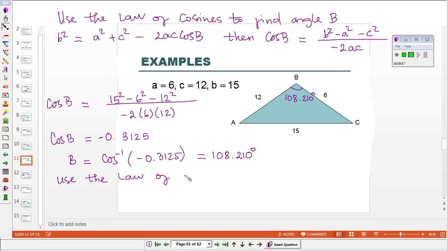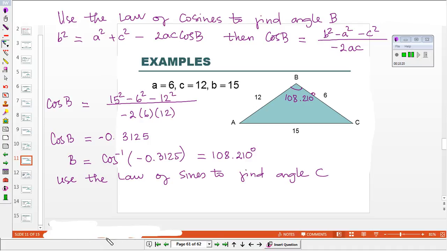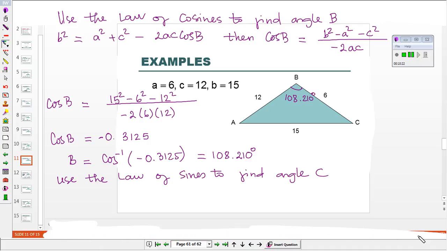So now I'm going to use the law of sines to find angle C. So we have sine of the angle B over side b equals sine of the angle C over side c.